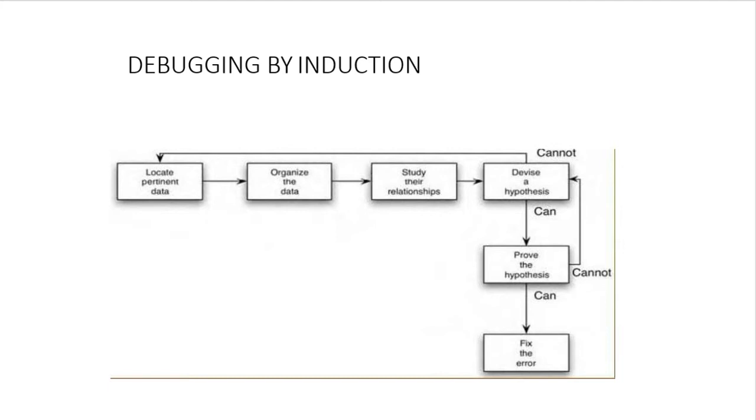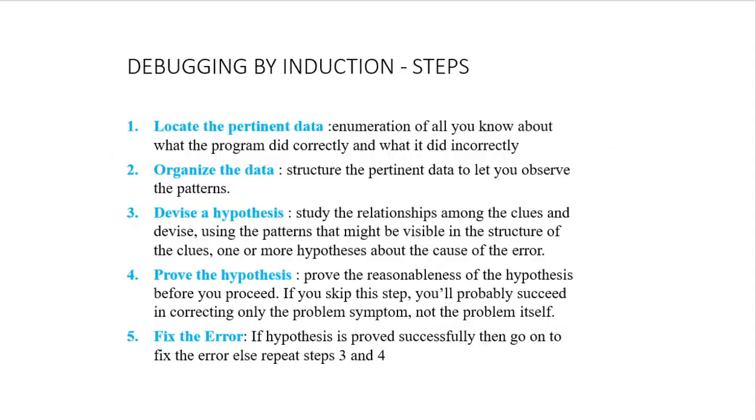Looking for relationships among the symptoms, devise a hypothesis, which means make an assumption. If the assumption can be proved, then finally fix the error. If it cannot be proved, then repeat the process.